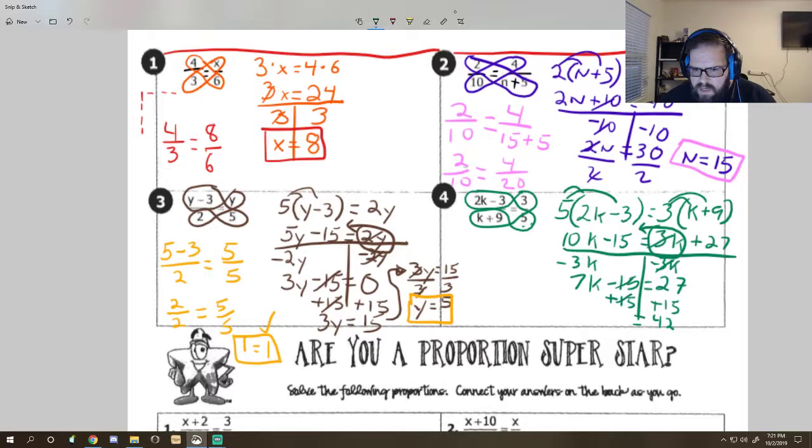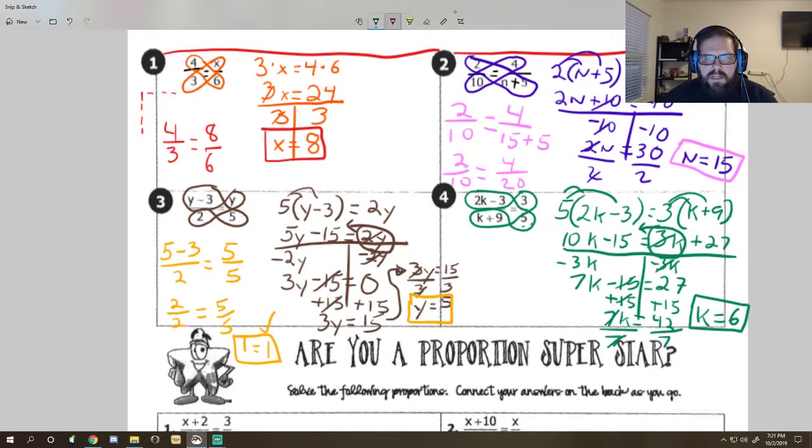These cross out over here, and I just bring down my 7k. 7k equals 42. We do the same thing that we've been doing. We divide by 7, divide by 7. These cross out. That leaves me with k equals 42 divided by 7, which will give us 6. K equals 6.